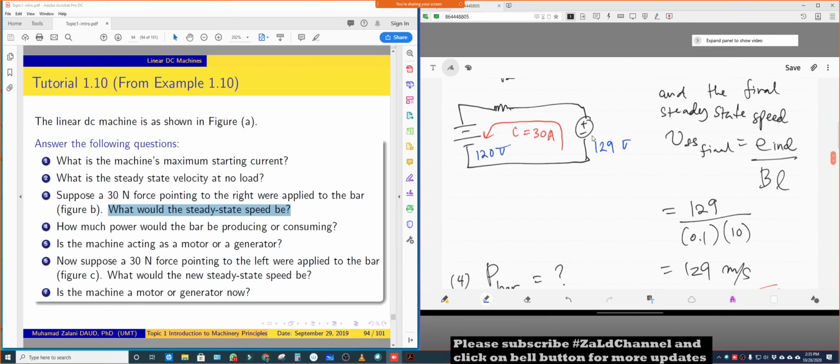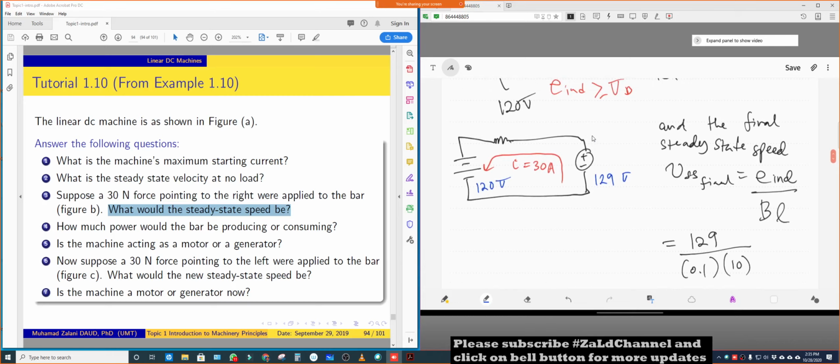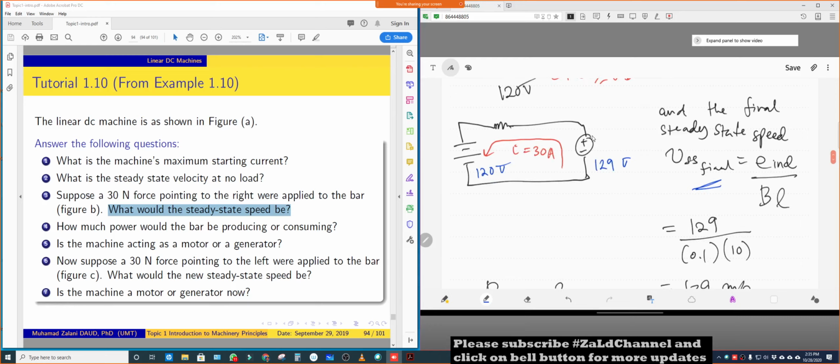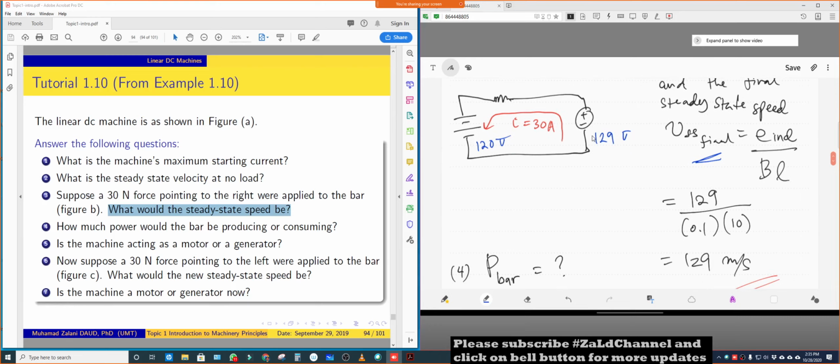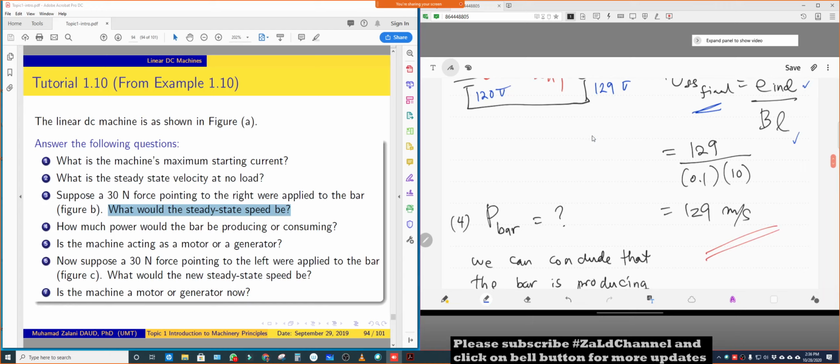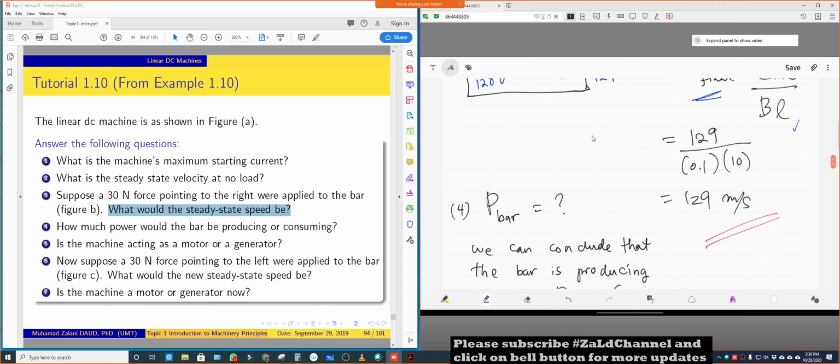At this state, the machine or the generator has already achieved its new steady state speed. We call it VSS final. Then we can use the same equation, VSS final equals E induced divided by PL. Then we substitute all the values that we got just now, and finally we get 129 for the final steady state speed.